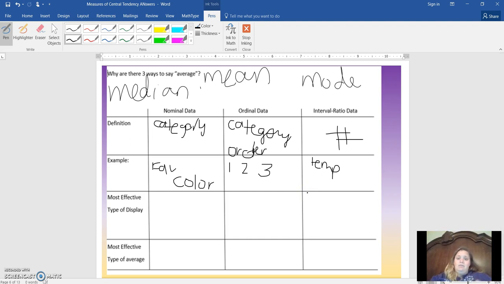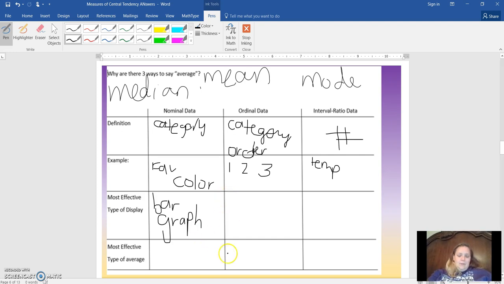But for ordinal and nominal data, like if you were just listing your favorite color, a bar graph would be best, or a histogram. They're super close to the same thing. So I'm going to pretty much use them interchangeably. They're not the same thing, but for an intro to stats, close.